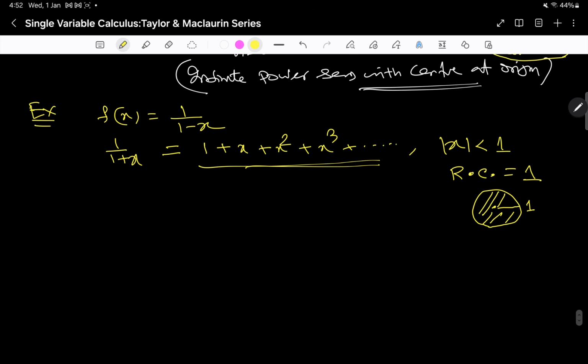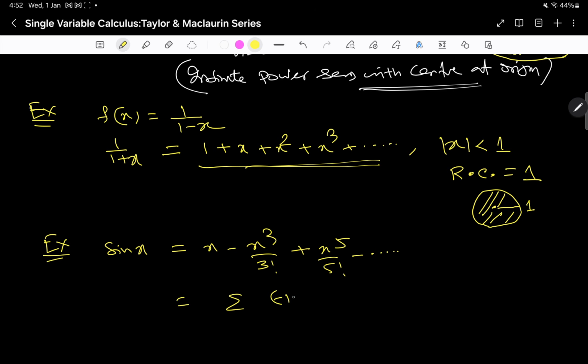Maclaurin series expansion. Similarly, if I ask you what is sin x, already you have remembered this. Sin x is x minus x cube by factorial 3 plus x to the power 5 by factorial 5 minus and so on, right? So this is summation of minus 1 to the power n, x to the power 2n plus 1 by factorial 2n plus 1. If I want to write it in series form, I may write it in this way.